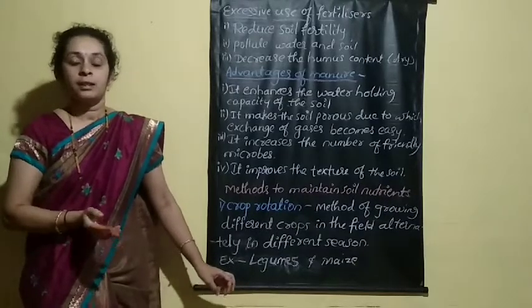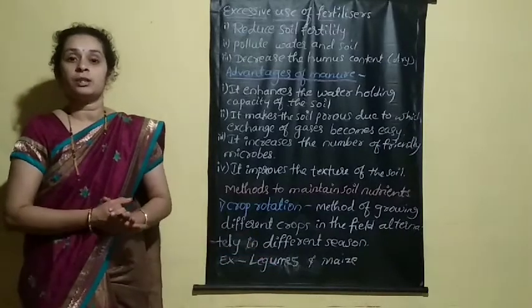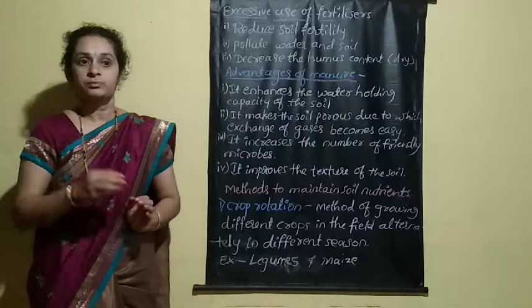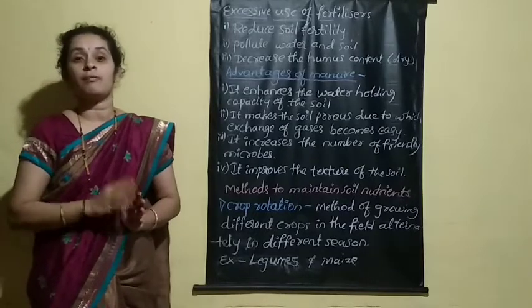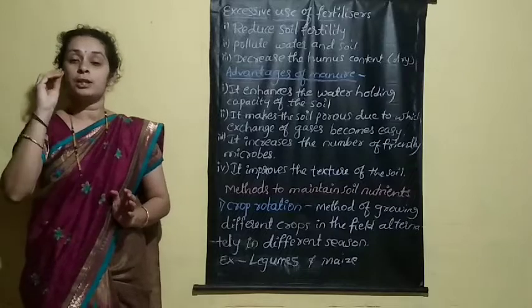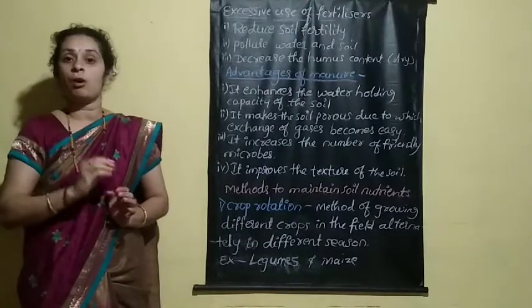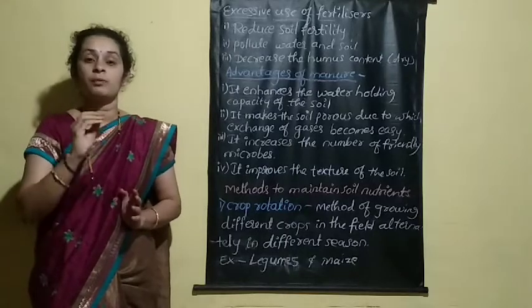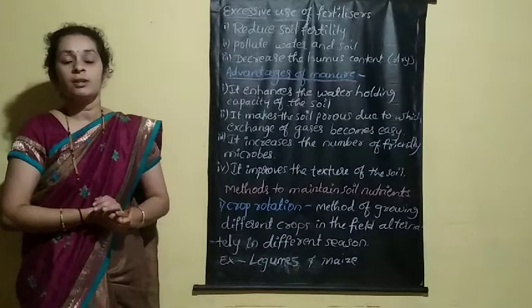Here, leguminous plants help in nitrogen fixation. In the root nodules of leguminous plants, Rhizobium bacteria are present that carry out the fixation of nitrogen. It converts gaseous nitrogen into usable forms of nitrogen.